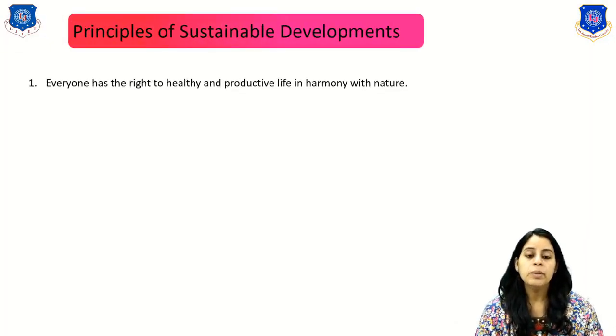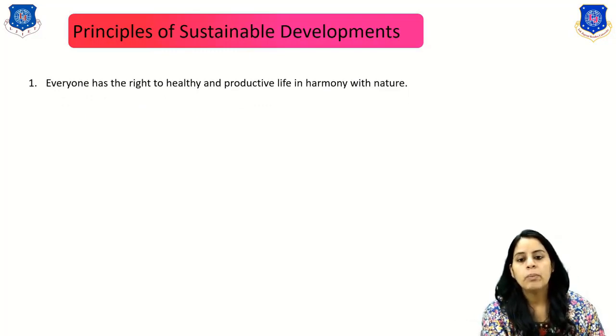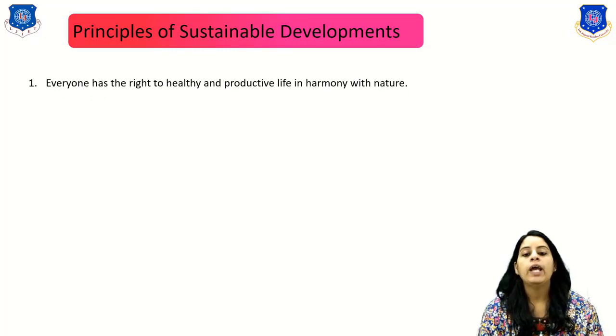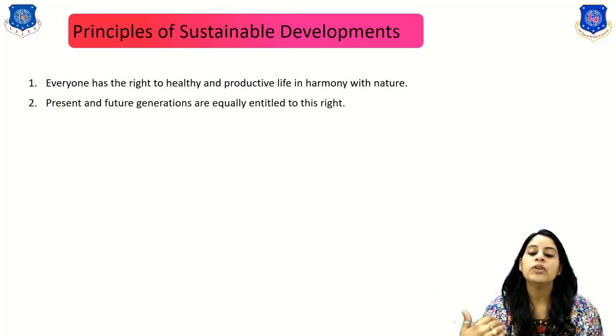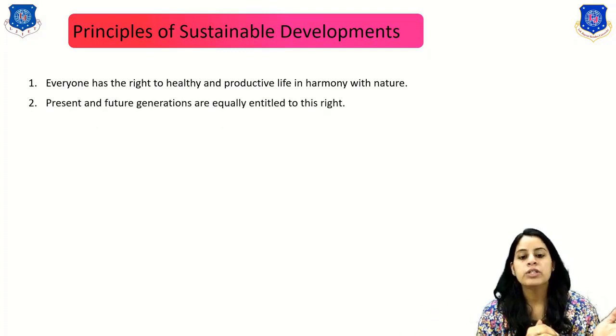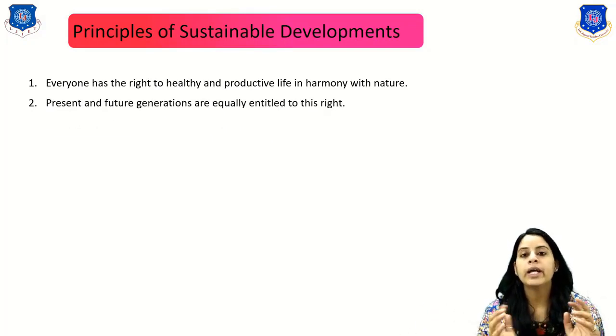Now, the main principles of sustainable development. The first is that everyone has the right to a healthy and productive life in harmony with nature, right? The second one is that present and future generations are equally entitled to this right.